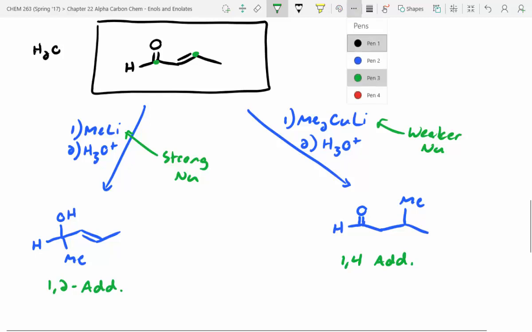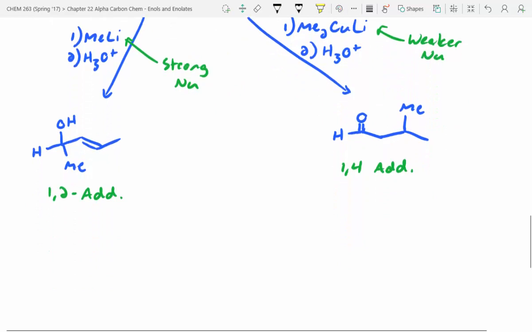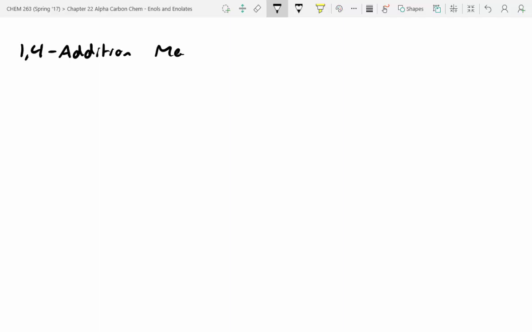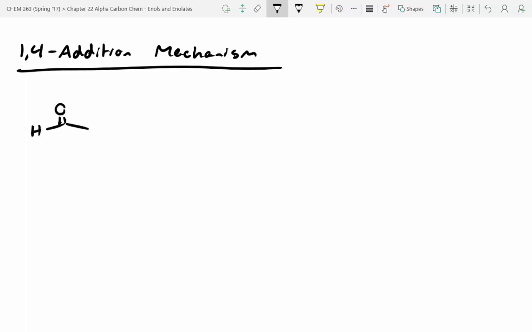It's very straightforward. We already know how to do the 1,2 addition one. So let's say we've got this aldehyde. It's alpha beta unsaturated. And we've got a nucleophile.